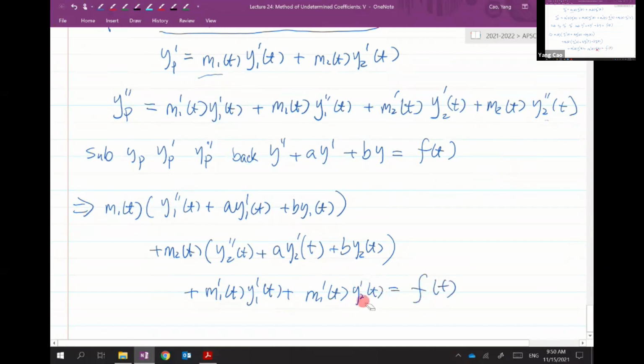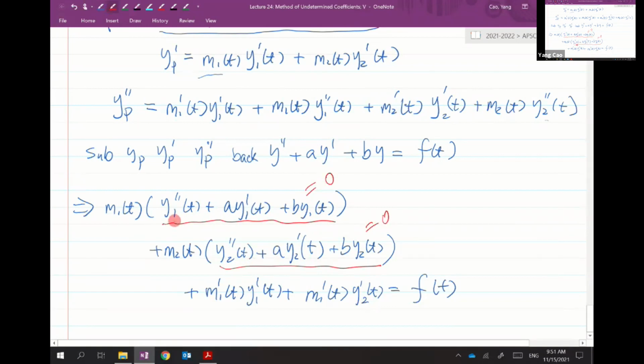Now that's a gigantic expression after you substitute everything back into the second order differential equation. However, you'll see a direct benefit. First of all, look at the terms in the two brackets over here, for y1 and y2. They are actually 0. Why is that?